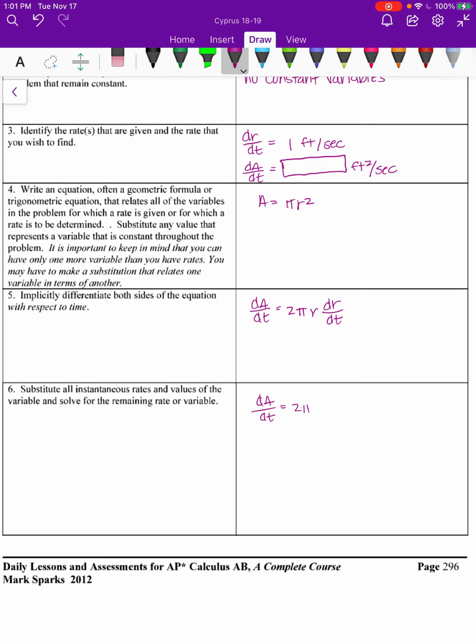I do not have that. 2 pi, it talks about when the radius is 4 feet. So it says the instantaneous radius that we're looking at, so r in this problem is 4. And then the rate at which the radius is changing, it's increasing at a rate of 1. So dA/dt would be all of that multiplied together, which is just 8 pi feet squared per second.